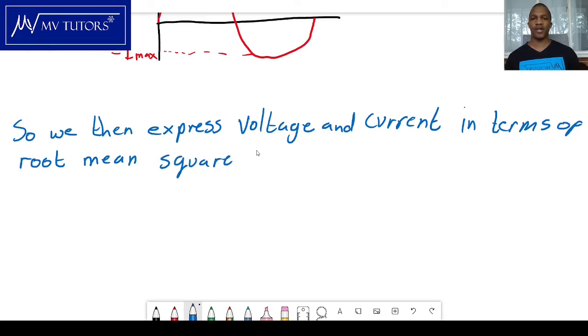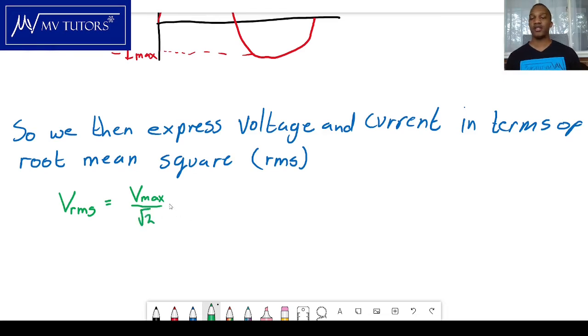Root mean square. What's this? RMS. Okay, so that means that instead of using the average voltage, we use the RMS voltage, and that's equal to the maximum voltage divided by the square root of 2.